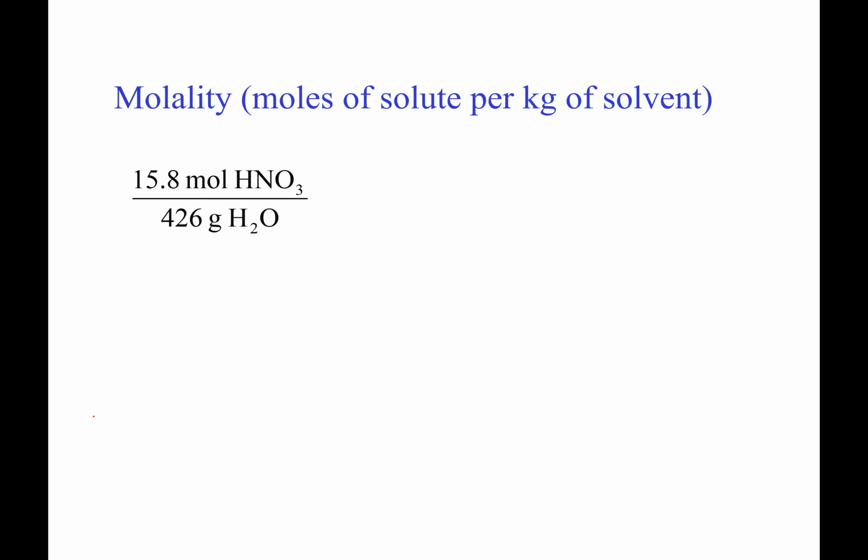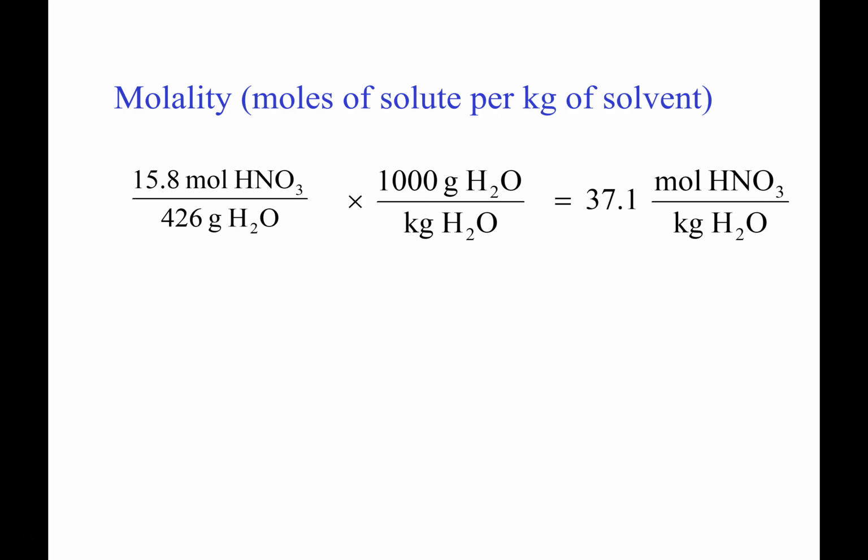And like we did before, if we introduce a term, 1,000 grams of H2O over 1 kilogram of H2O, then we get moles of HNO3 per kilogram of H2O. To 3 sig figs, you're looking at 37.1 little m molal, 37.1 molal HNO3. Number sounding familiar?